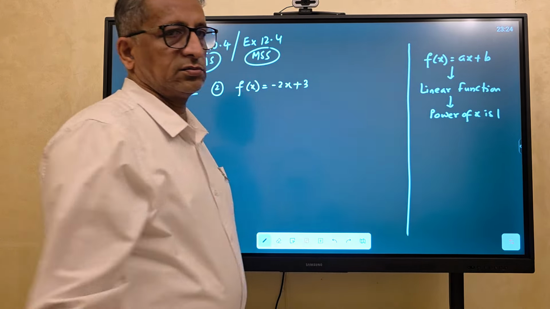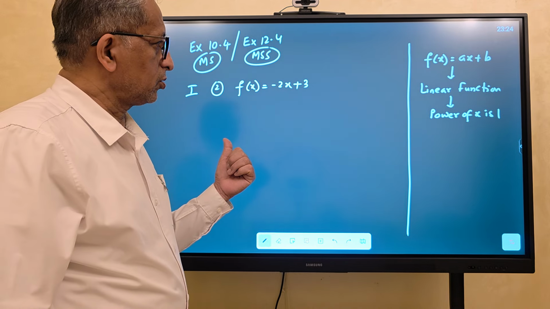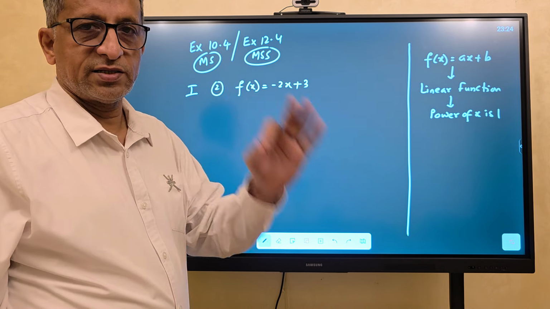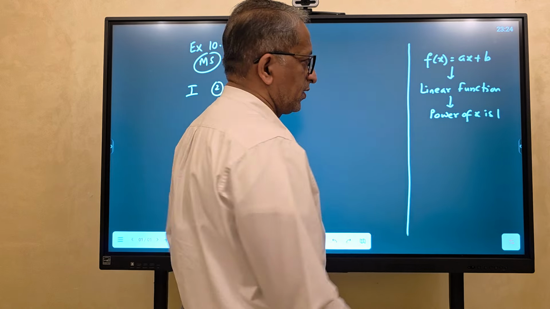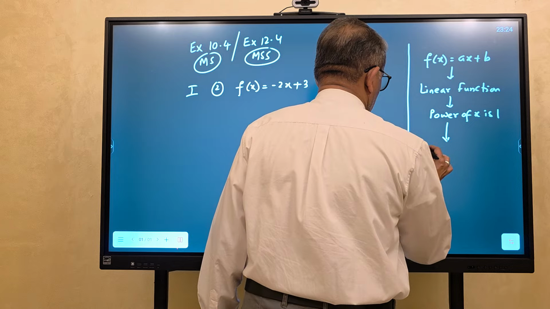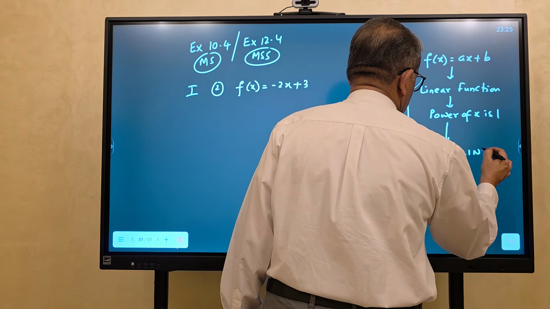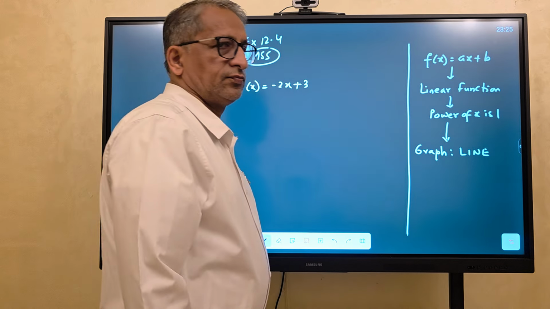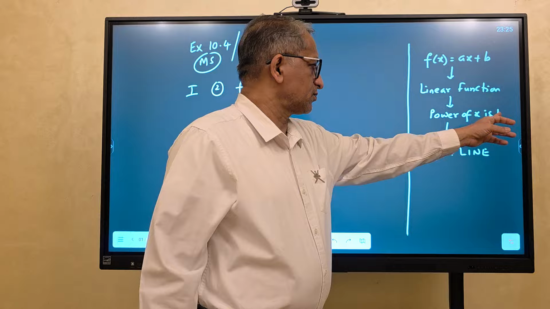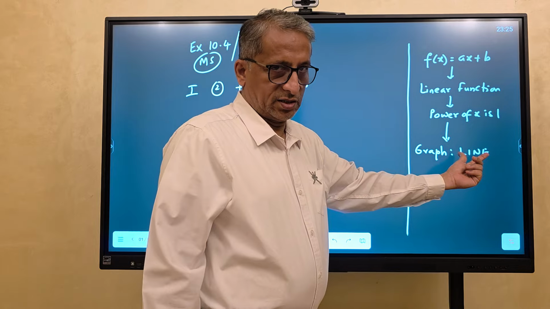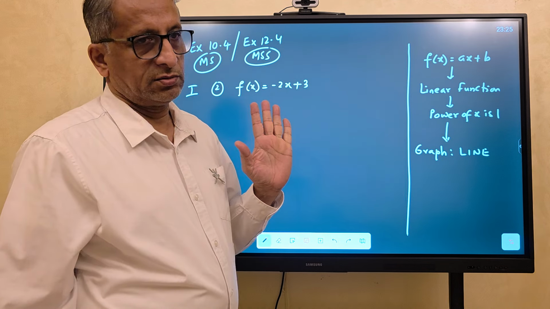And remember one more thing: last time I told you that every function has a graph. The graph of a linear function, where the power of x is 1, is always a straight line. And for a line, I need only 2 points.